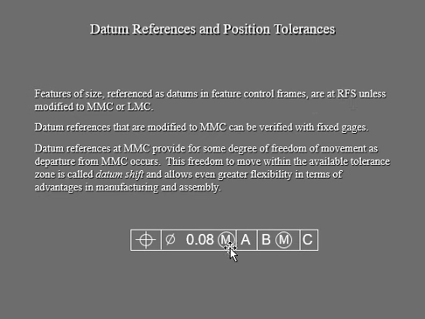Unless you give either max or least material condition. So always think about it: your feature size is at RFS, regardless of feature size. If you have your M, then it isn't. If you don't have the M, it is at RFS.